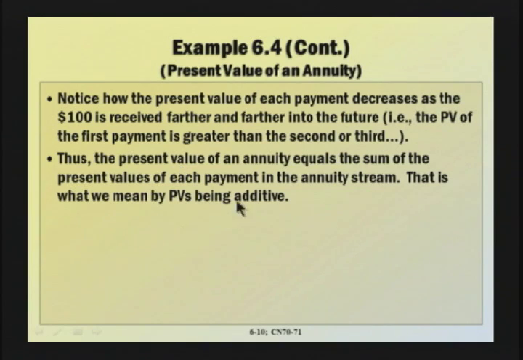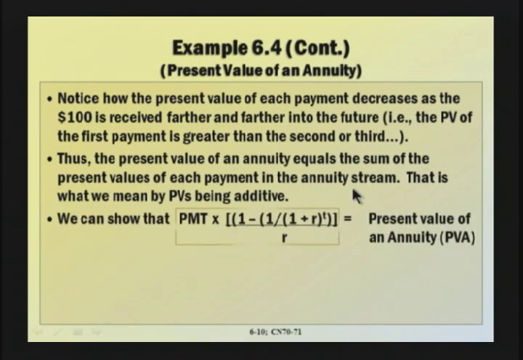So we know, again, present values are additive. The present value of the annuity equals the sum of the present values of each of the payments in the annuity stream. We just added up their present values, and that gave us the present value of the annuity. This present value interest factor of an annuity you can calculate. 1 minus the present value interest factor divided by R is the present value interest factor of an annuity.